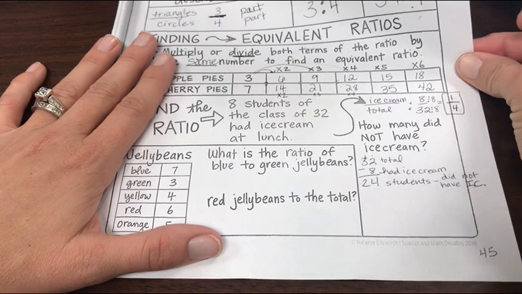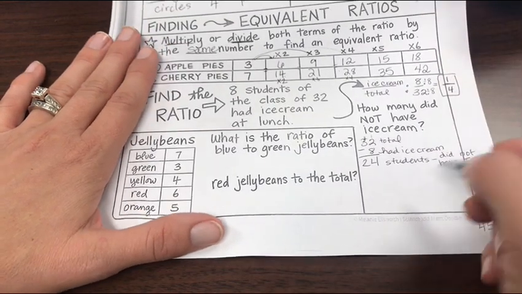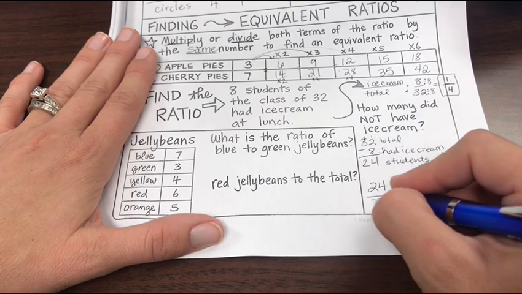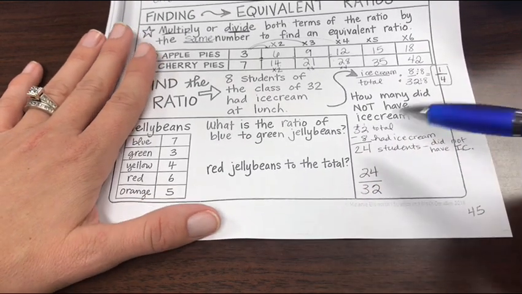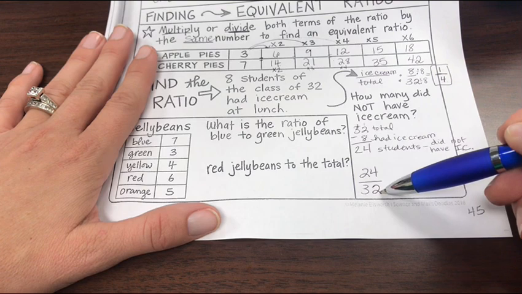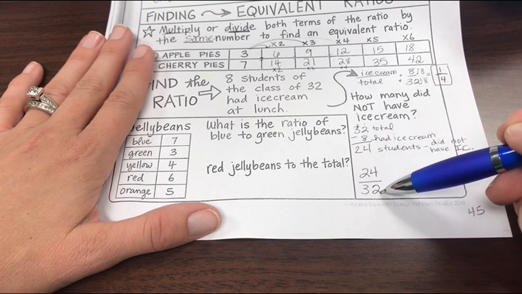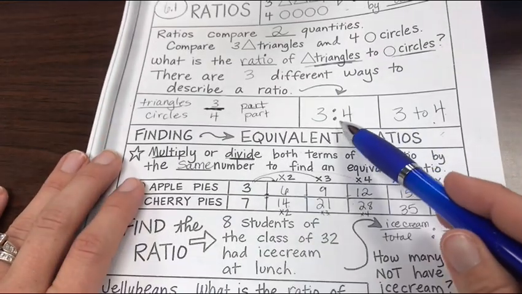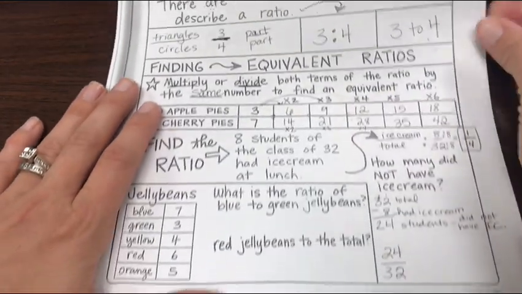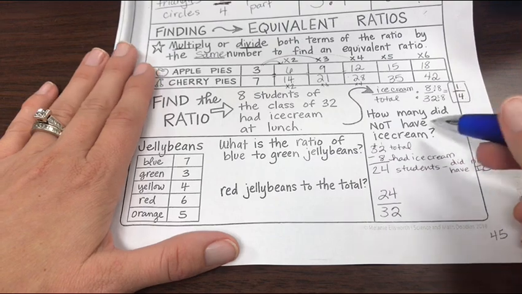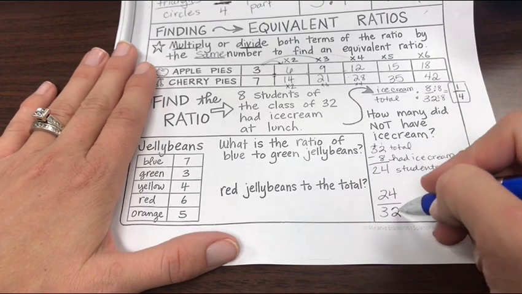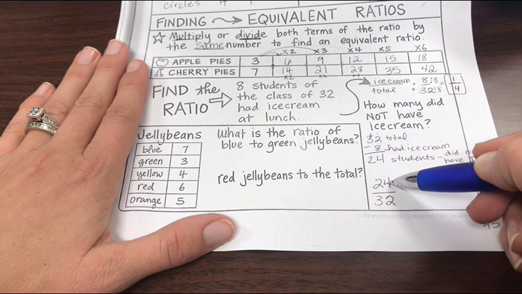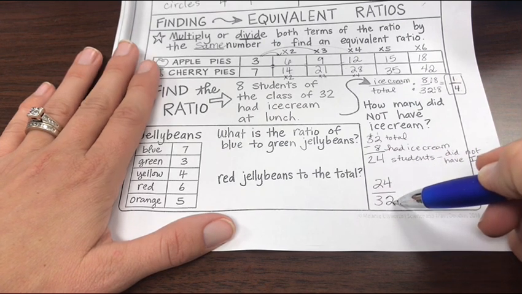So let's write a ratio of people that did not have ice cream. 24 did not have ice cream out of the original 32. So this is a part to whole. This is different, all right? So you have to pay attention to what it's asking. If it wants a part to a part, like up here, or if it wants a part to a whole, like this. You just have to pay attention to the question. So just like this is 24 to 32, 24 students that did not get ice cream to 32 total students.